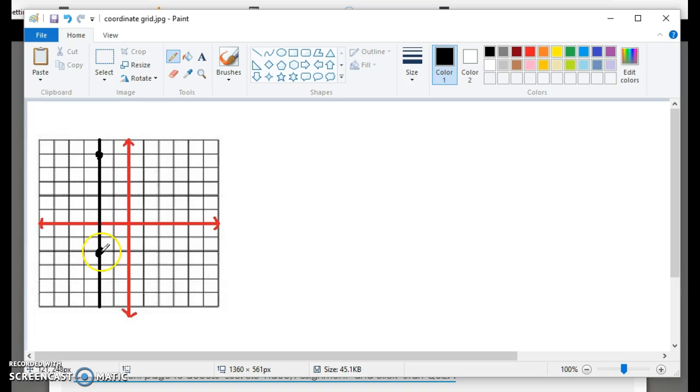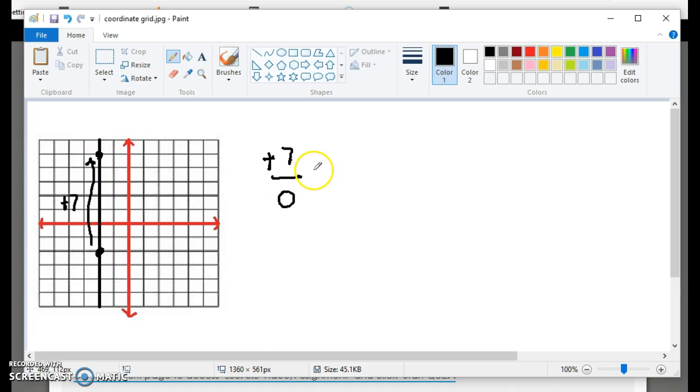So to get from this point to this point, first we have a vertical change of 1, 2, 3, 5, 6, 7. So positive 7. Horizontal change from this point to this point. The horizontal change is 0. There's no right or left movement at all.